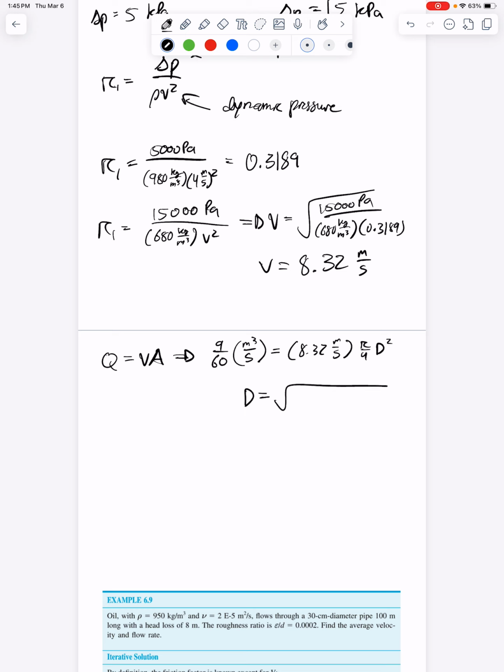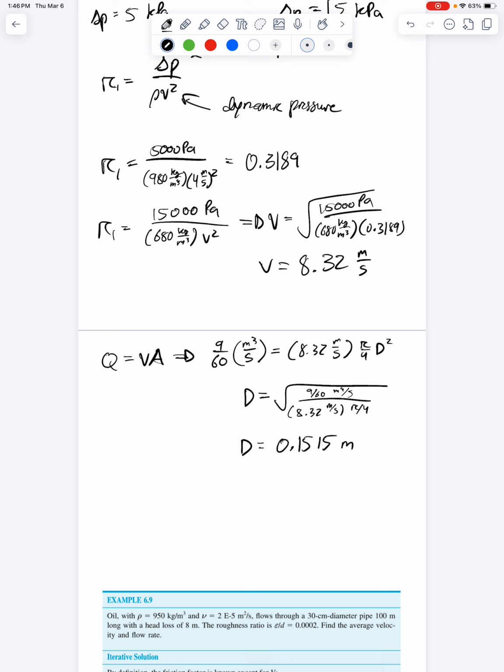D is equal to the square root of 9/60 cubic meters per second divided by 8.32 meters per second times pi over 4. As a result, you'll get D is equal to 0.1515 meters.